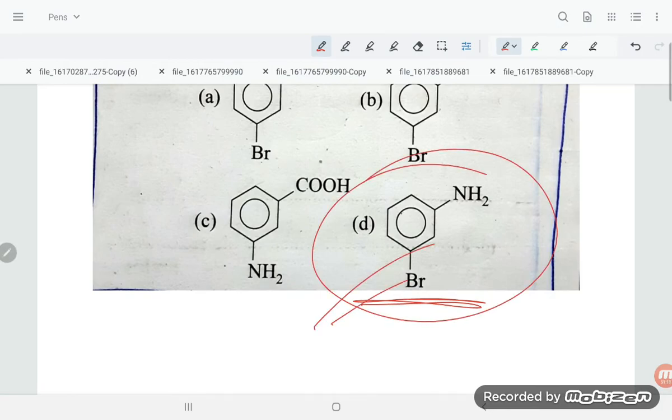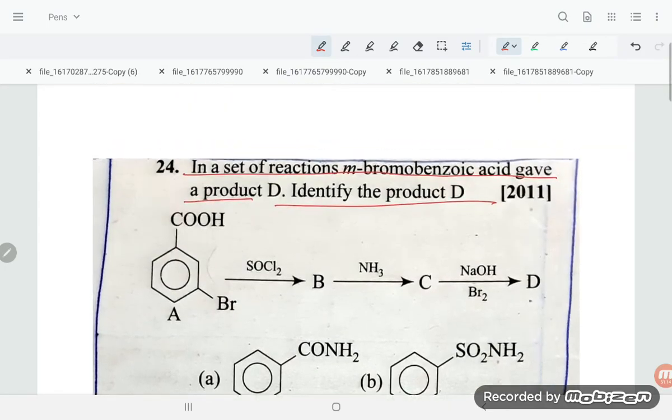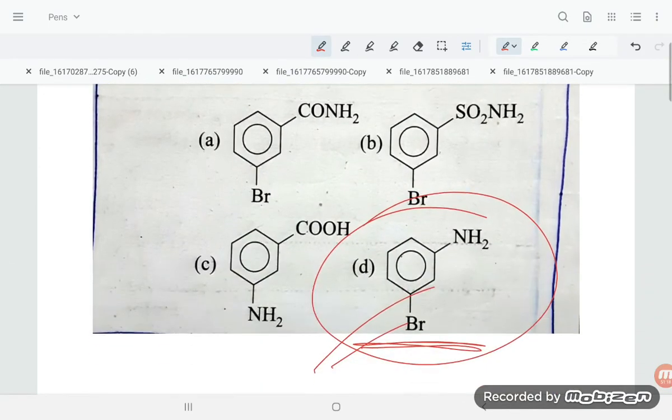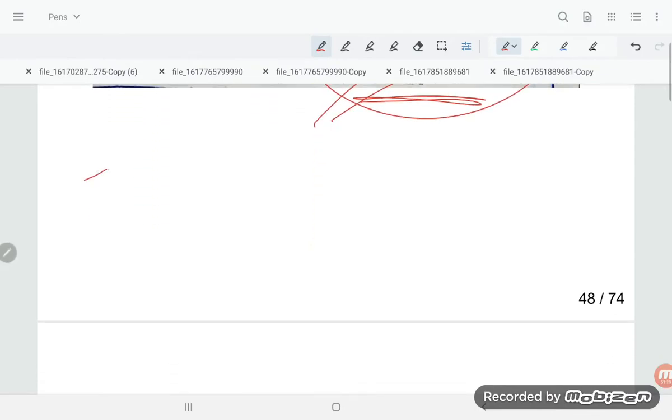So let us have a look at how the reaction proceeds. Then only you can decide the product. So meta-bromobenzoic acid is there. This is the benzoic acid, here is the Br, and here is meta, COOH.